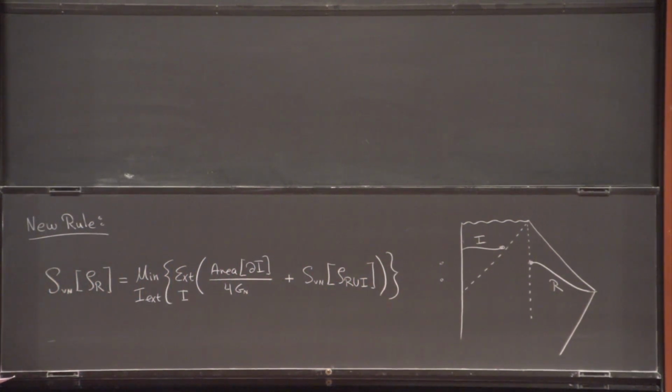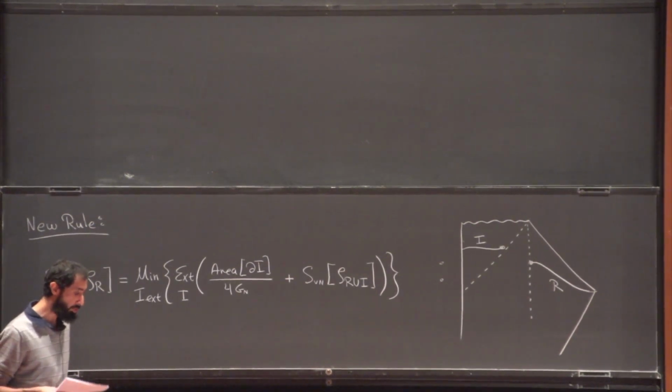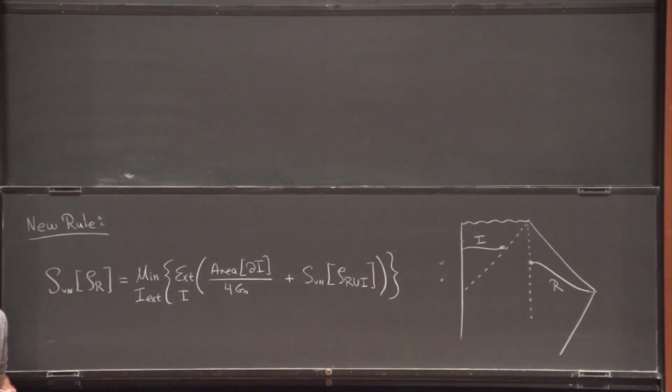Let me make first a few comments about the origins of this formula. This formula follows, if you assume unitarity, from the arguments of the work of Maxfield, Engelhardt, and Wall, and Marolf. And also from the results of Geoff Penington, if you assume unitarity again.